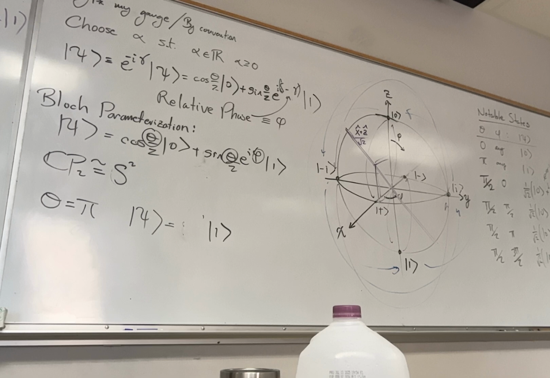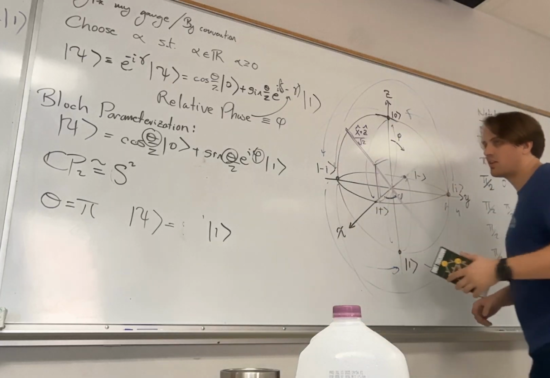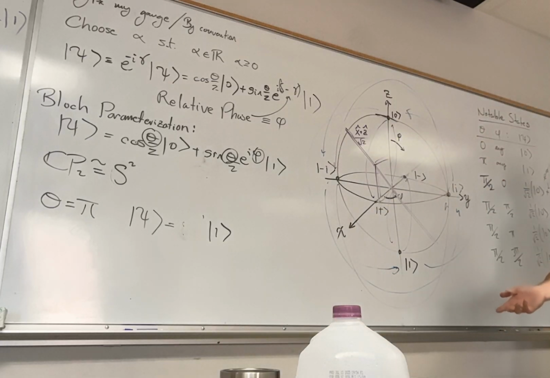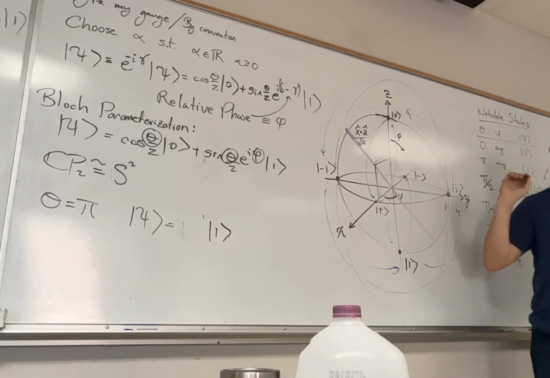Okay, so this is the Hadamard. There are several other gates on this board that we didn't look at. There's the square root x gate, which, if you're not familiar with square roots of matrices, is the matrix that, when acted twice, does the same thing as x. Can you tell me what rotation, which I could do twice, would be the same as x?